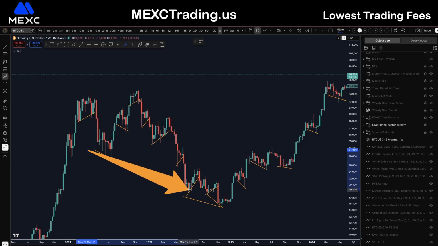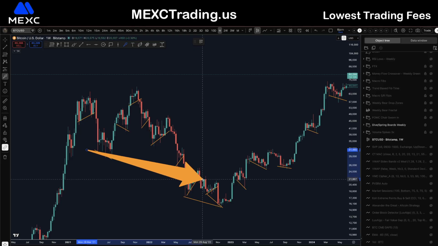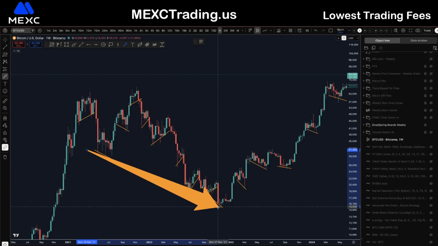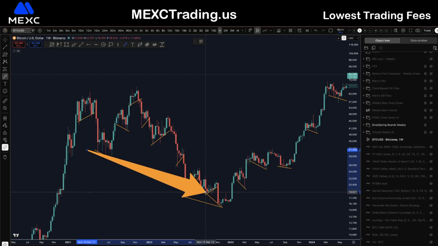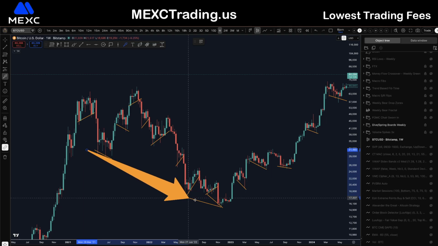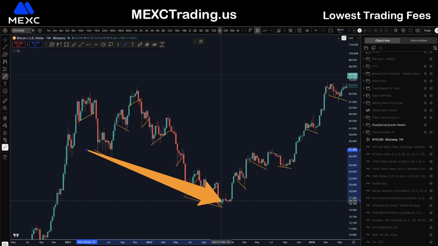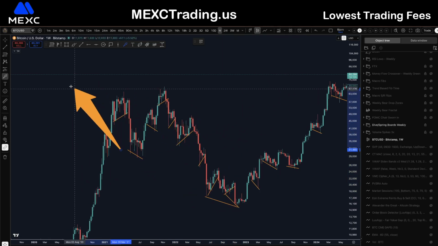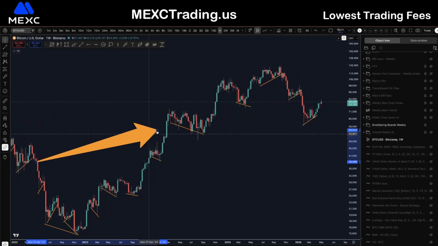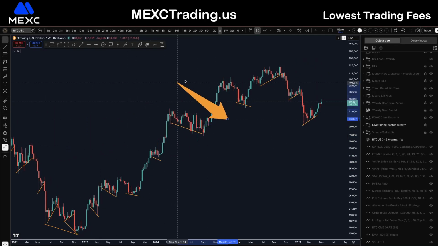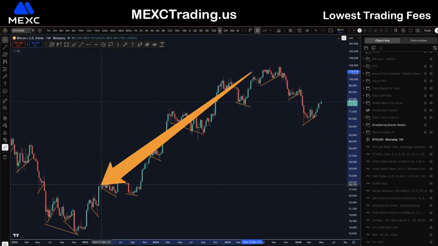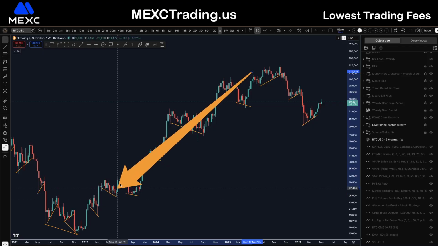Even down here, you're still getting diving boards, diving lower, and then eventually you get a local springboard. In this case, you get a macro springboard too. You get a local and macro springboard, and you spring off to a new rally, okay? And as you're going in the bull market, you can see the entire way you're getting springboards, right? Trending down, spring up.